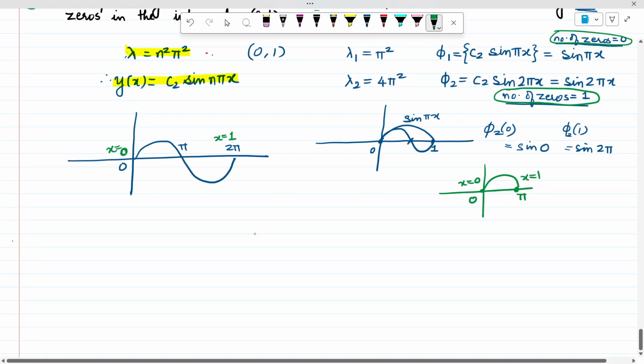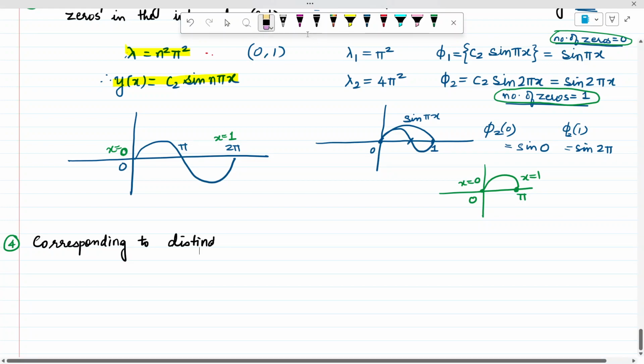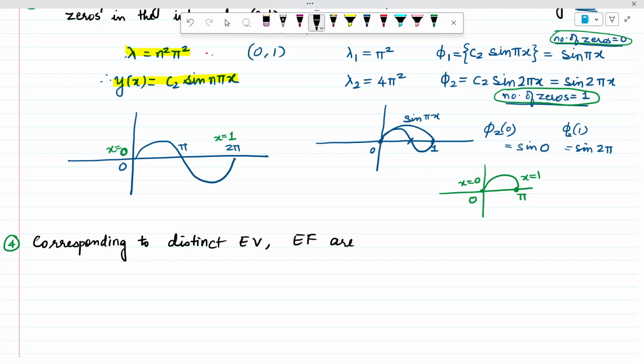Okay, तो property number 4, corresponding to distinct eigenvalues, the eigenfunctions are linearly independent. So same eigenvalues वाले linearly dependent है और distinct eigenvalues वाले linearly independent है.